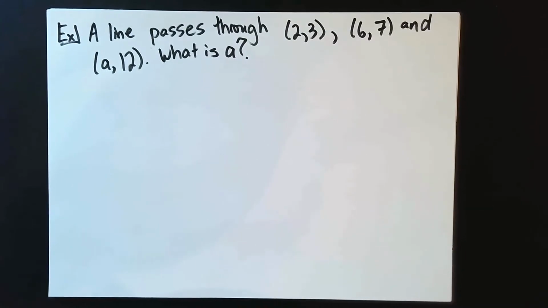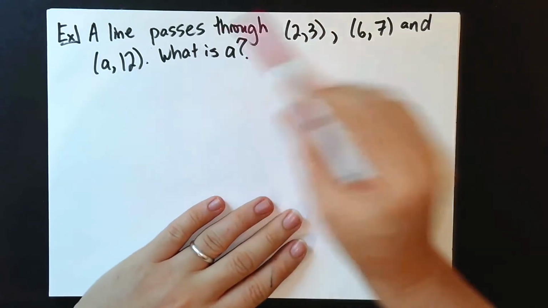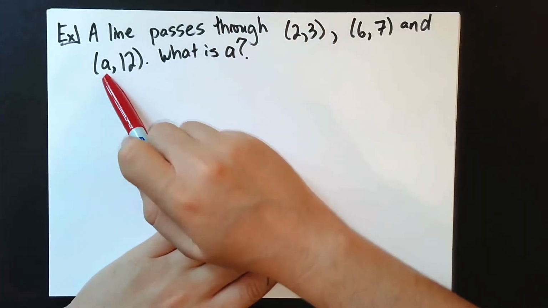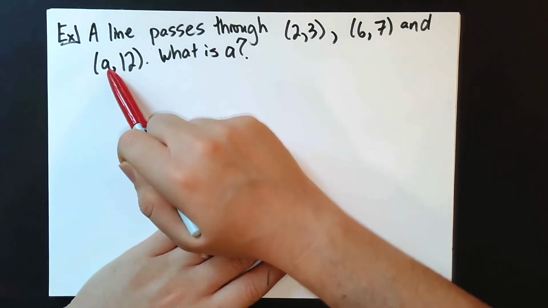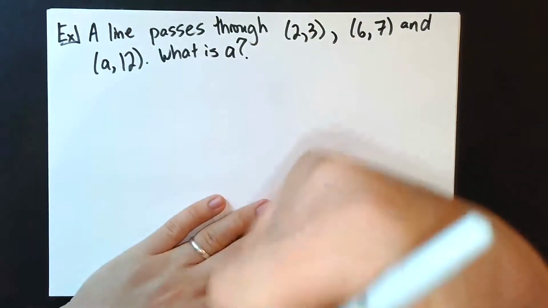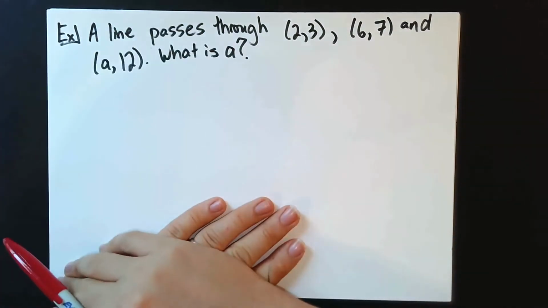Okay, so here's another variation of a question that we might not have thought about before. We're given 3 points on a line now, but one of the points has an a in it, so this is a variable. And then the question is, what's the value of that variable? But I want you to remember the same piece of advice that I had in the last problem, which is that if you don't know what to do, just find the equation of the line first, and then once you've found the equation of the line, ask about the other part.